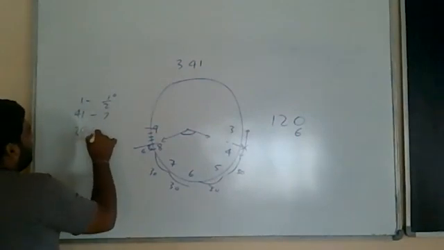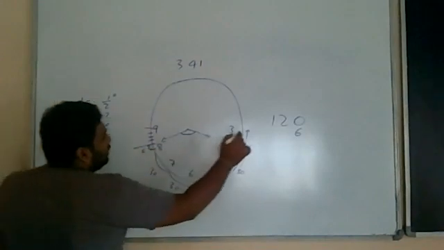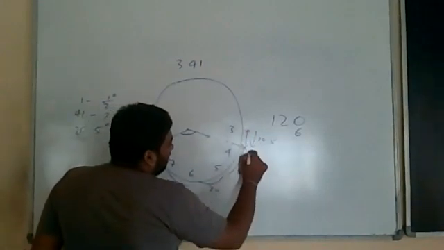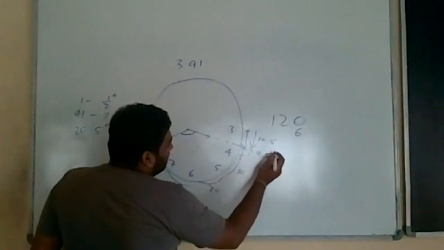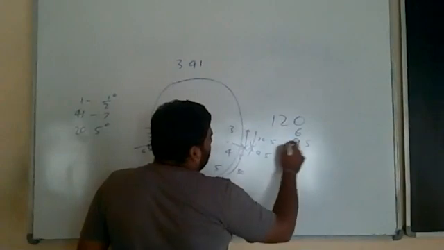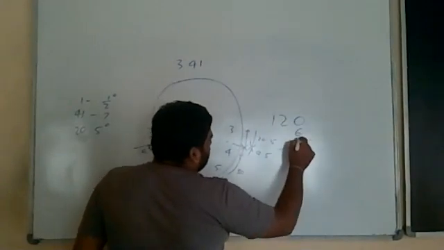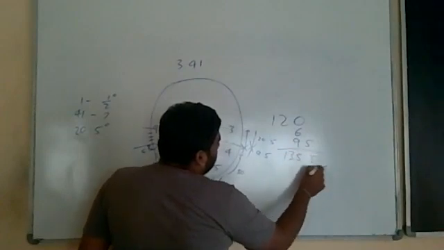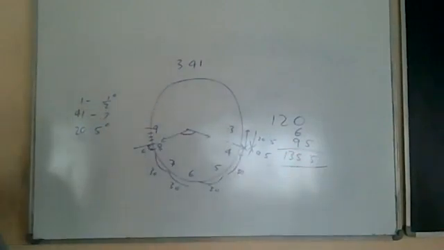The answer is 20.5 degrees, which means 20.5 degrees is covered and the remaining 9.5 degrees is yet to be covered. So I need to take 9.5. So 120 plus 6 is 126, plus 9.5 is 135.5. Clear? Yes, sir.